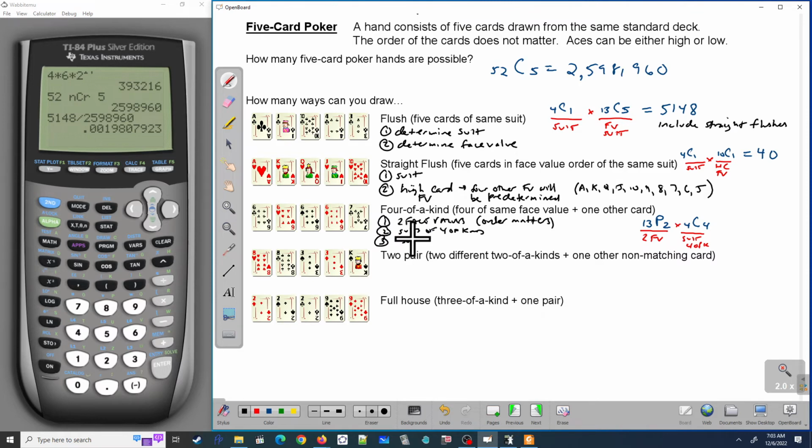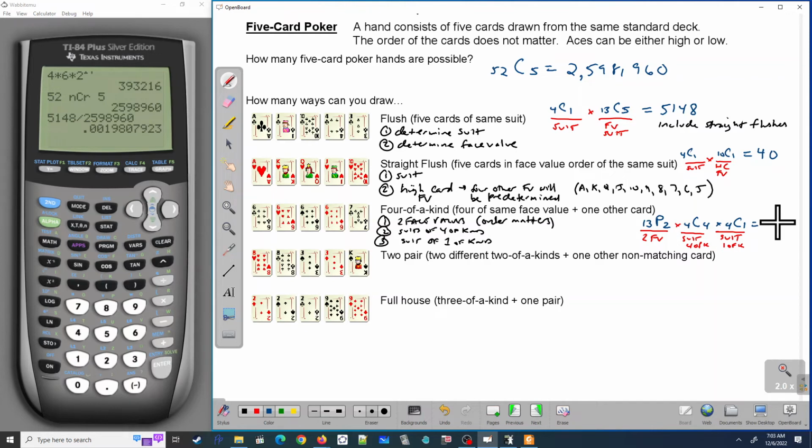And then I'm going to need a suit of my essentially 1 of a kind. And for that, let's write suit 1 of a kind, and for that I will multiply by 4C1.